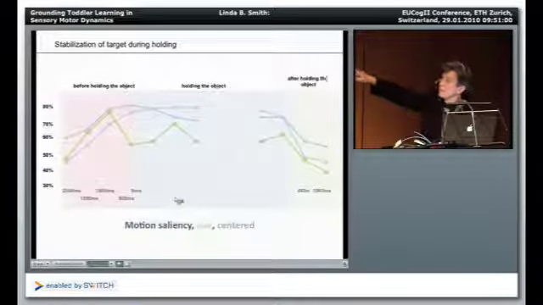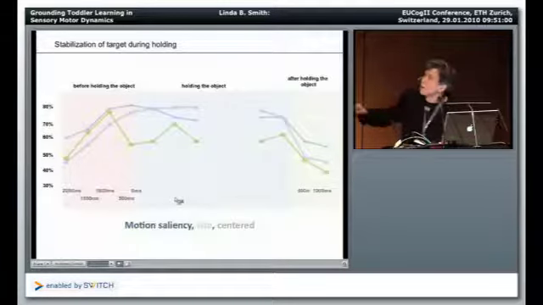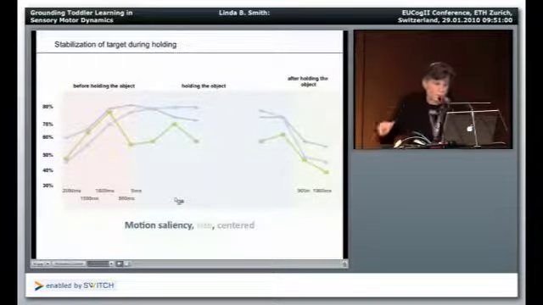How much that is changing, becoming more salient in terms of motion salience, more salient in terms of being bigger in the head camera image, and more centered in the head camera image, as a function of time: just before holding the object, that's the pink part, while the child is holding the object, that's the blue part. Children hold it for different amounts of time, so I'm going 2 seconds just after holding it and 1 second before letting it go, and the green is letting it go.